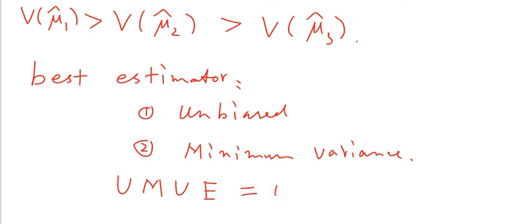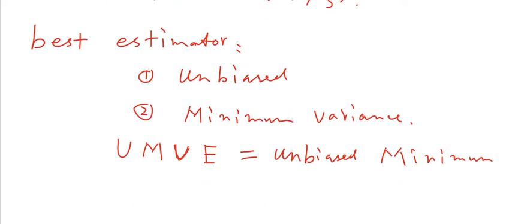U means unbiased, M means minimum, V means variance, and E means estimate. So this is the best.